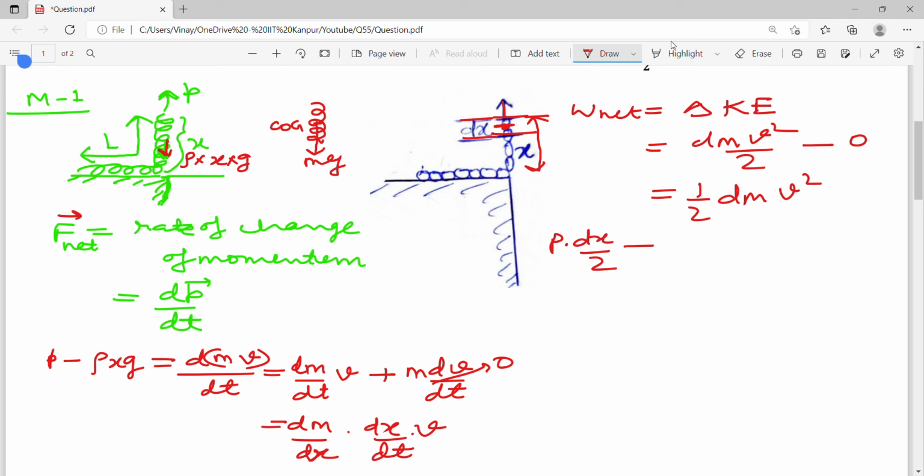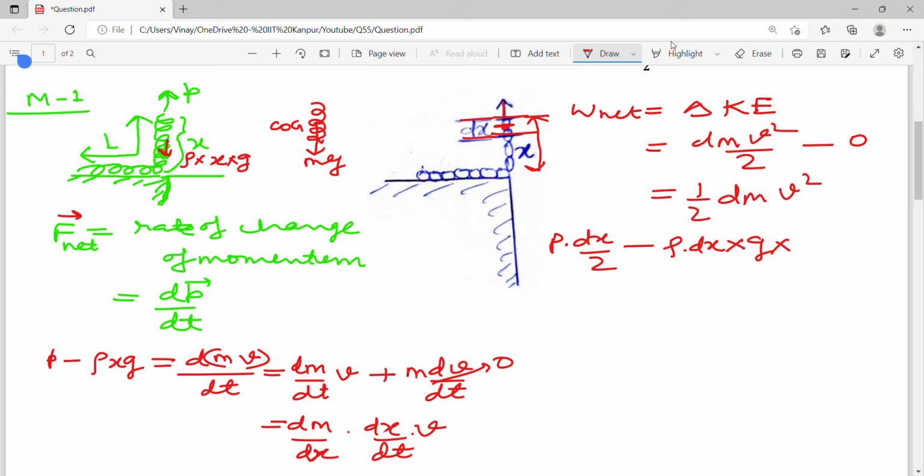So what would it be? Another force is the gravity force, right? How much is that? Mass into g. Mass is what? Rho into dx. This is the mass that you have lifted, into g into how much? So mass into displacement, always take the displacement from the center of gravity, right?